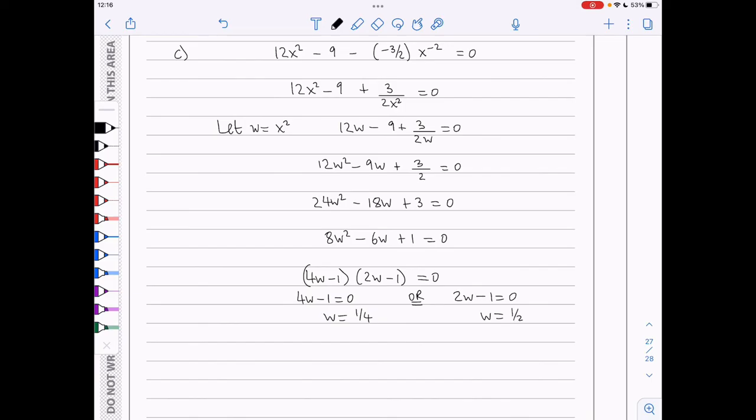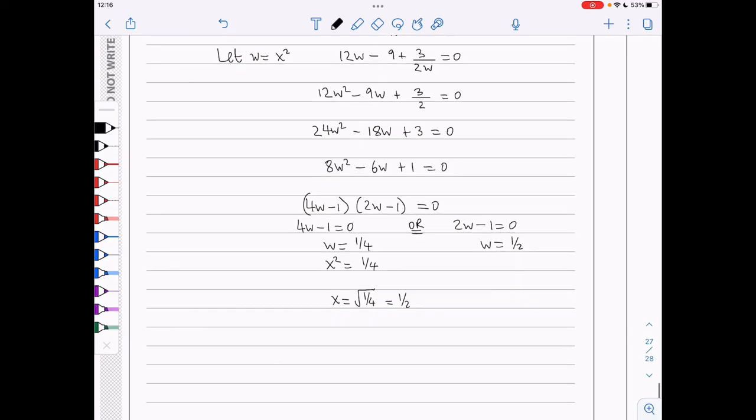Now w was x squared, so if x squared is a quarter, it means that x is the square root of a quarter, which is a half. Remember, I'm not putting the plus minus because we were told that x is greater than 0, so no need to worry about the plus minus situation.